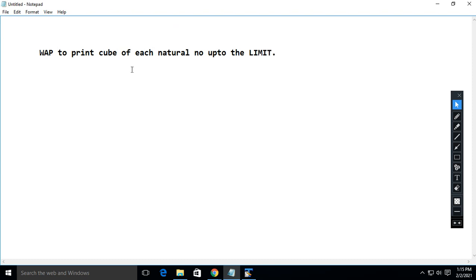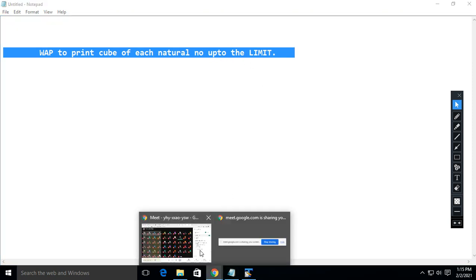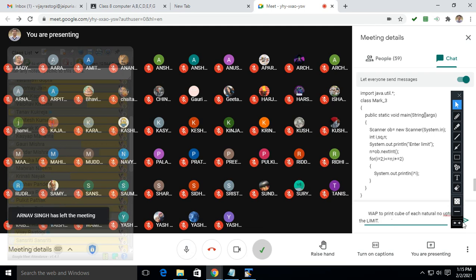Everybody please write down the question. Try the next question, everyone. Mute yourself. Write a program to print the cube of each natural number up to the limit. Hurry up. The question I am posting in the chat box.